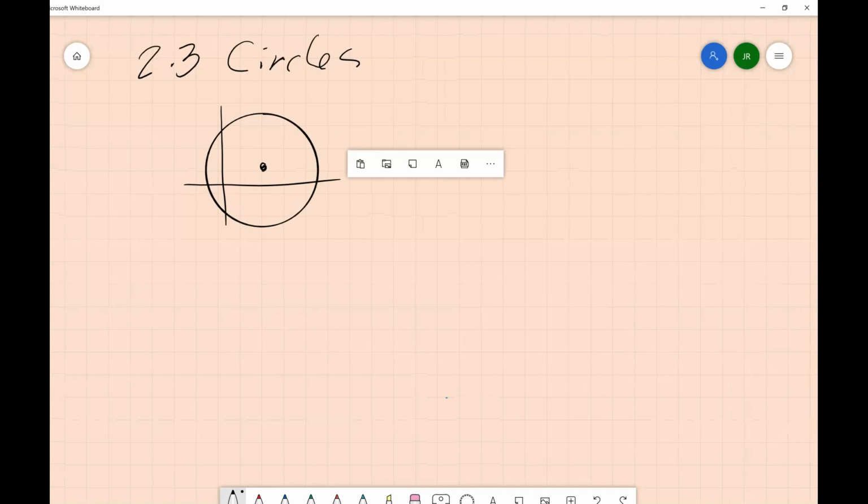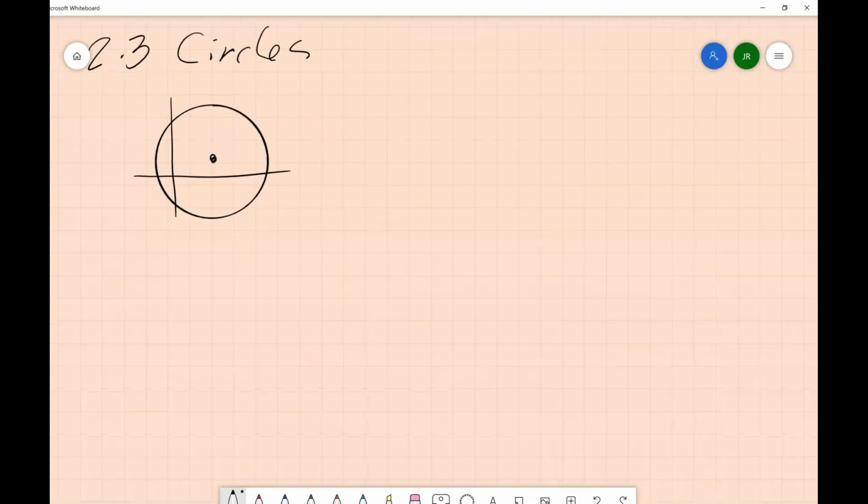All right. So this center point, I'm going to give it the coordinates h, k. And all of the points on this circle, I'm going to call x, y.